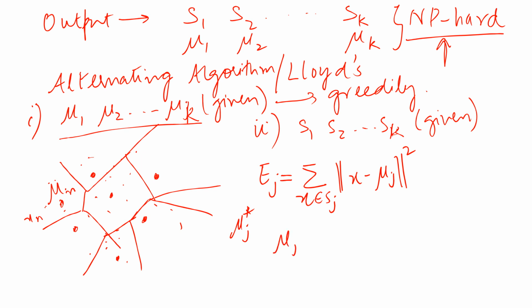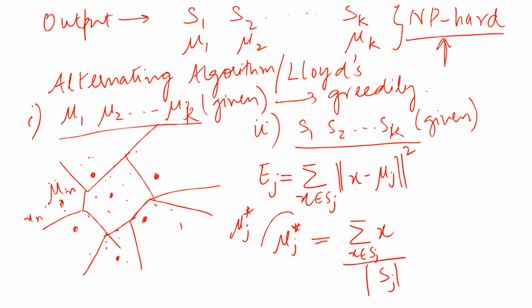So essentially mu_j star is the sum of x belonging to S_j, the sum of the data points in S_j, divided by the cardinality, the number of points that are there, right? So this is the second criterion. If I'm given these subsets, then I can construct these optimal centers for every subset. That's what I'm trying to say.